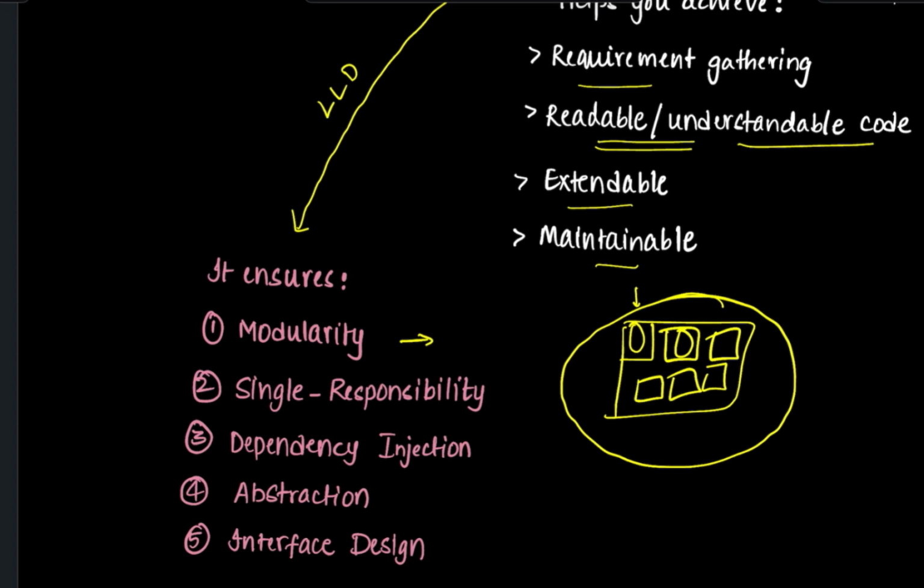The second thing is single responsibility. It simplifies testing by assigning clear responsibilities to modules or classes. I'll give you an example. Say there's a module A and a module B. A has to do its own job.